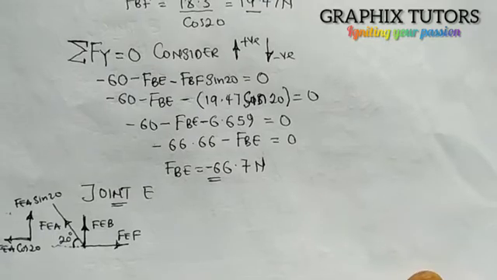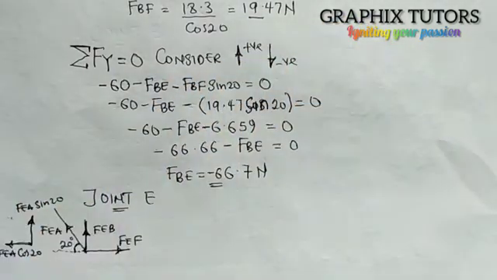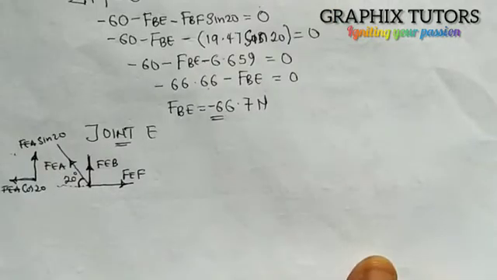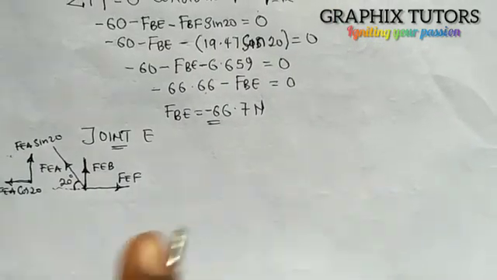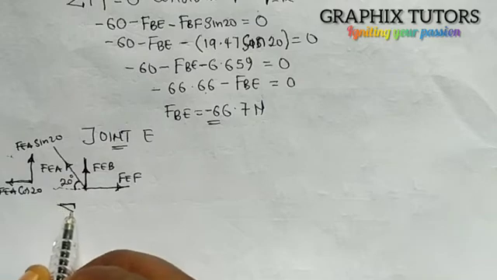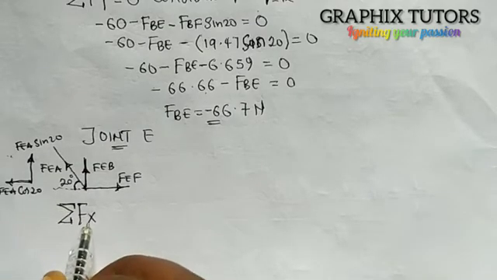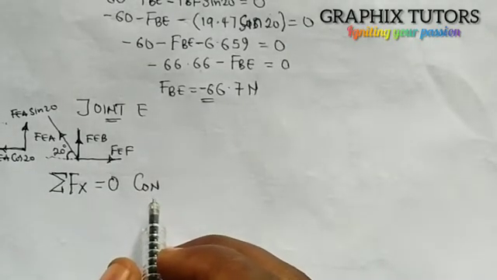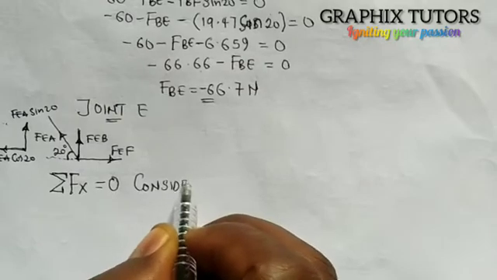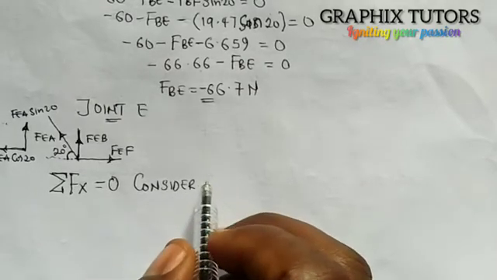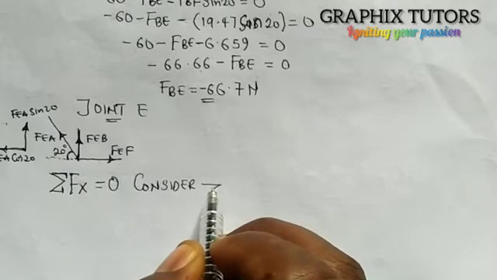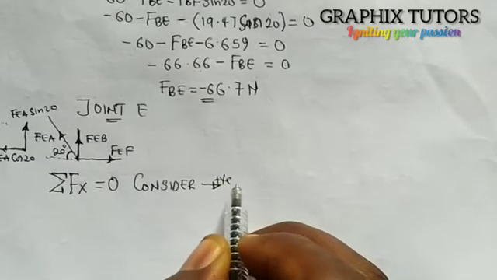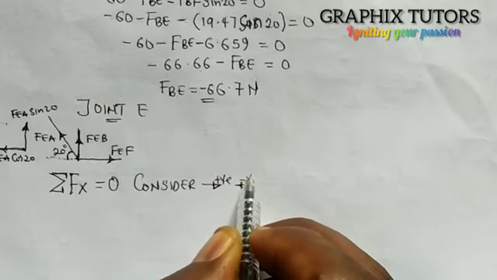So let's move forward and see. Now from here, we'll do the needful. We'll do the summation of horizontal components. We'll consider the force towards the right to be positive, and the force towards the left to be negative.